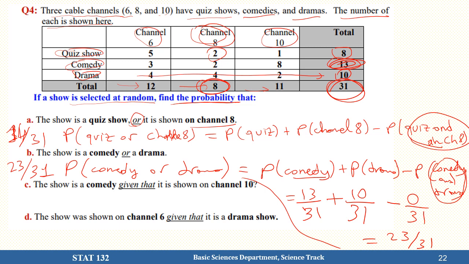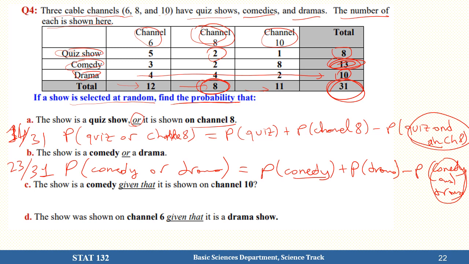Now, let's look at this one. What's the probability that the show is a comedy, given that it's shown on channel 10? So it says it's a comedy, but we already know it's on channel 10.